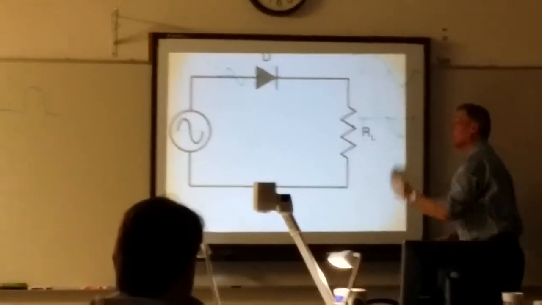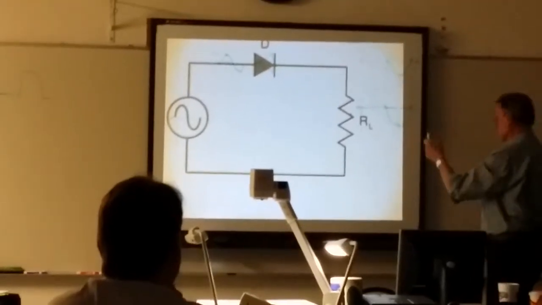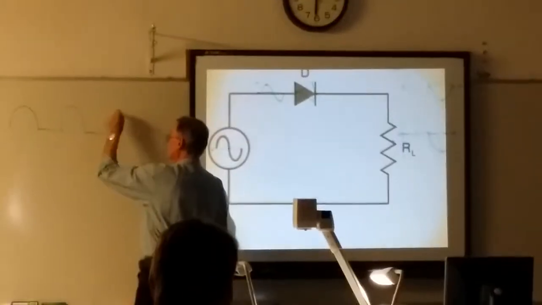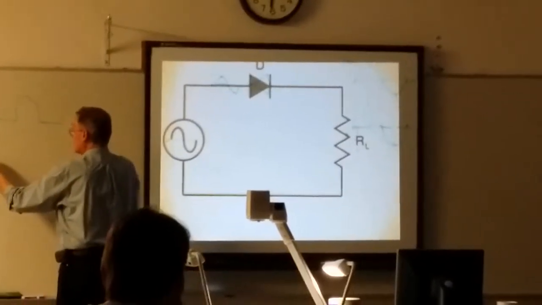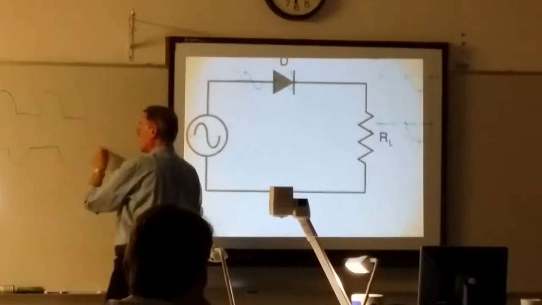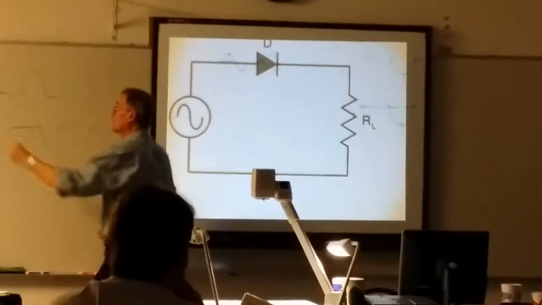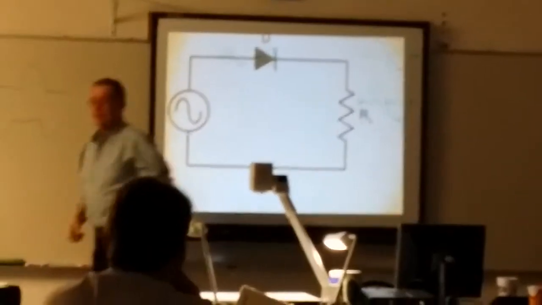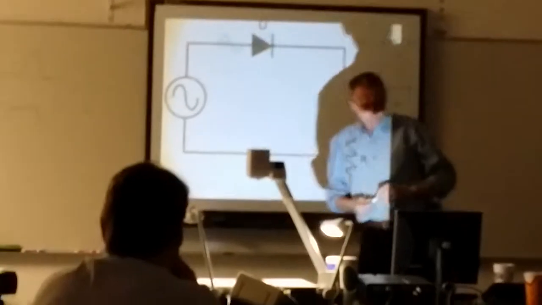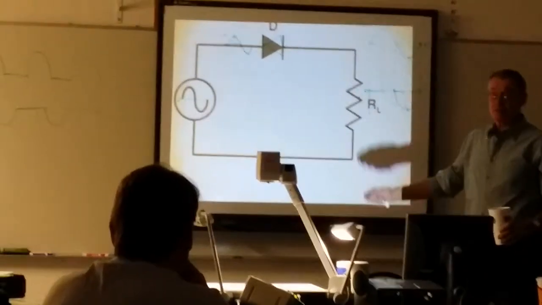It would only be on when it was negative. Instead of being positive, it's going to be negative. So you can get either polarity out of that circuit, 0 minus or 0 plus.